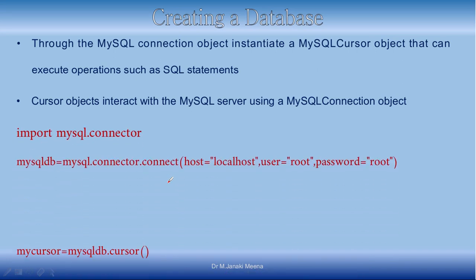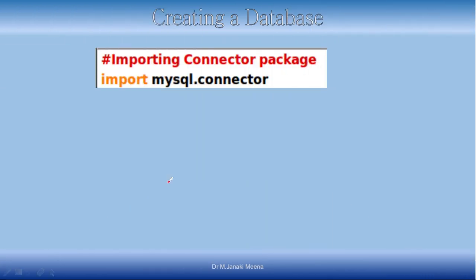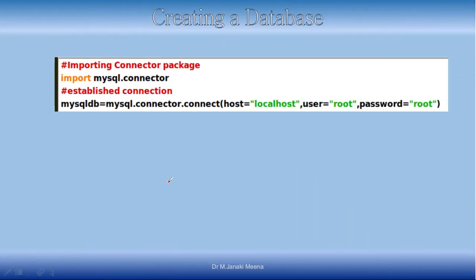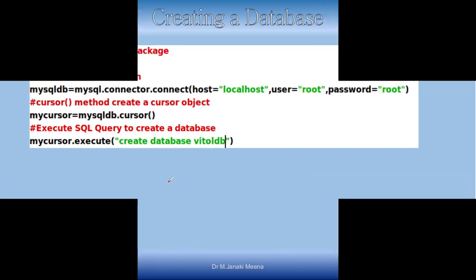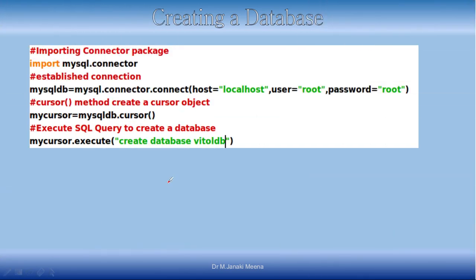So here also, first of all we import the package, then establish the connection as the second step. The third step is to create the cursor, and the fourth step is creating the object.